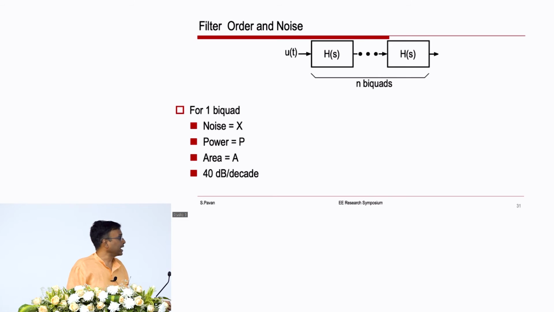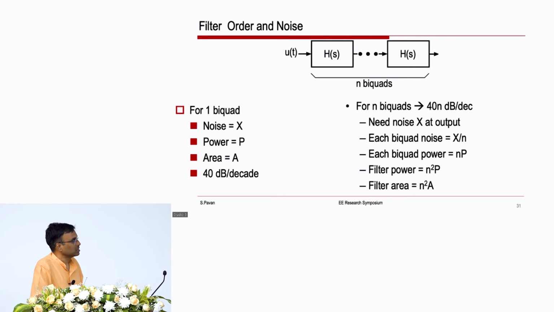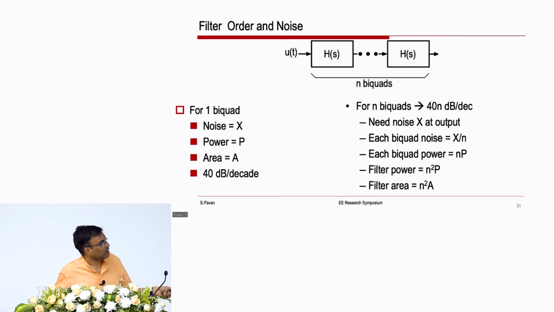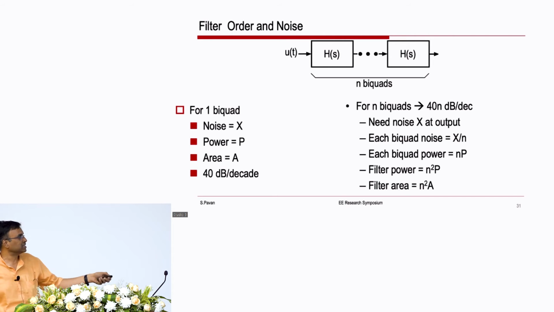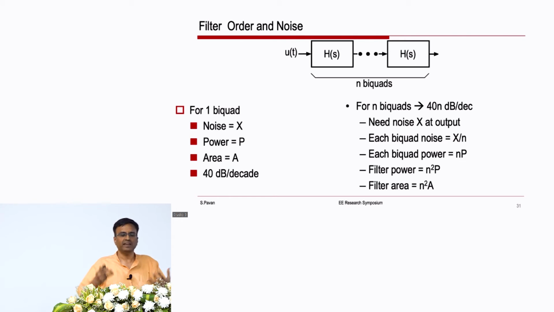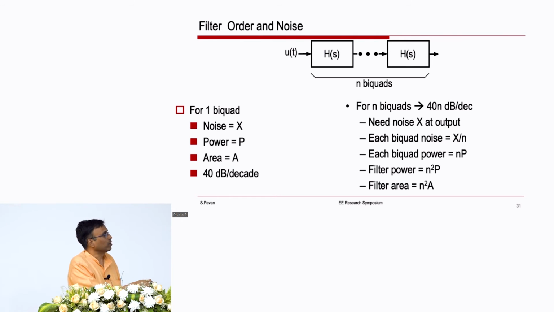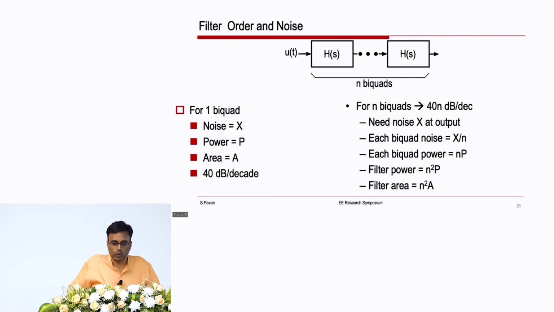Now, if I cascade n biquads, the roll off at high frequency, I get a much sharper filter as expected, 40n dB per decade. But let us say I want a high order roll off, but I want the same noise as a single section, because I want to figure out what I am paying to be able to get this very sharp cutoff at high frequency.